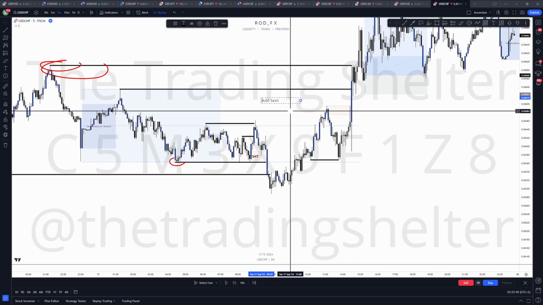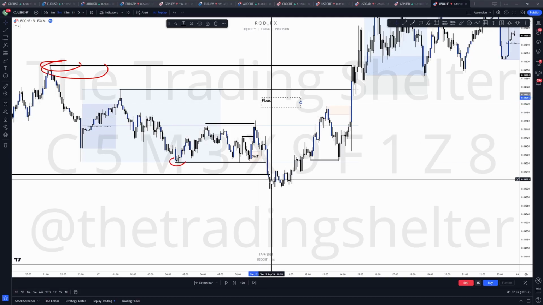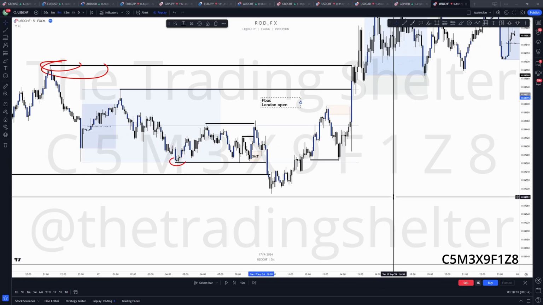We have FBOS. We also have the opening of the session pushing price lower. We can say London open. Important: every London Open and New York Open always provides volume. Like I said, the analogy of rush hour in the early morning where everybody goes to work, it's the same thing.